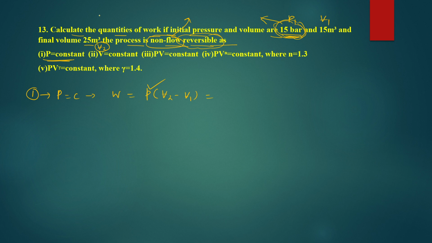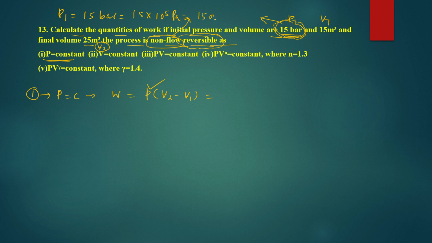If you want to do that, I can write P1 equal to 15 bar, and 1 bar is replaced by 10 to the power 5 Pascal, and out of this 10 to the power 5, 10 to the power 3 will be consumed for the kilo, and 10 squared will be there.